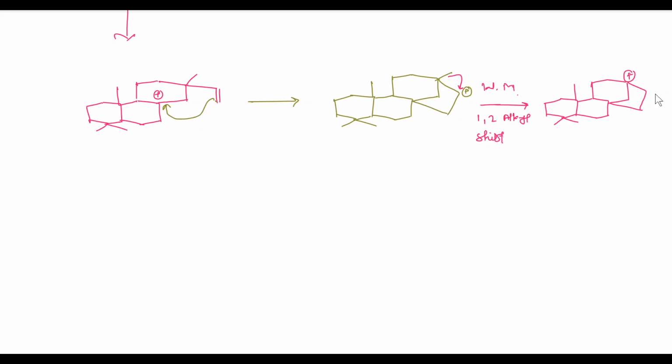Here positive charge and here methyl group. So the next step is 1,2 hydride shift of this hydrogen on this carbon atom and we get a new carbocation.